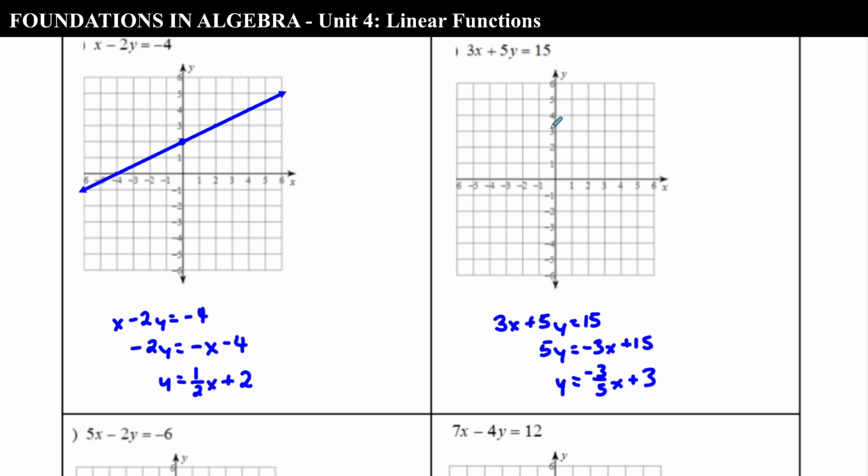So our y-intercept is 3. We'll put that there. And our slope is negative 3 over 5. So down 3, run to the right 5. 1, 2, 3, 4, 5, right there on the x-axis. We can rise 3 and we can go left 5 as well. And we'll plot our line.